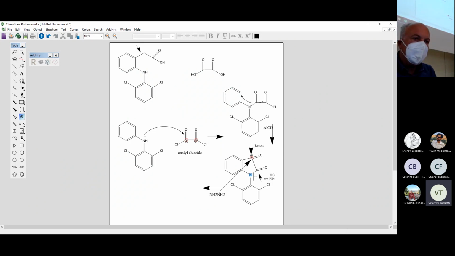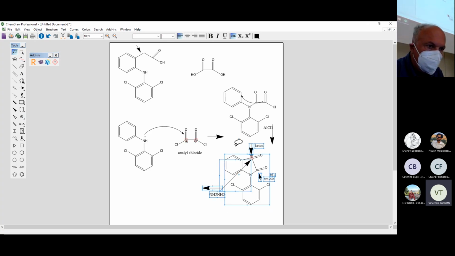So only the carbonyl of the ketone can be attacked by hydrazine. And the result is the formation of a hydrazone, the Schiff base, if you remember.